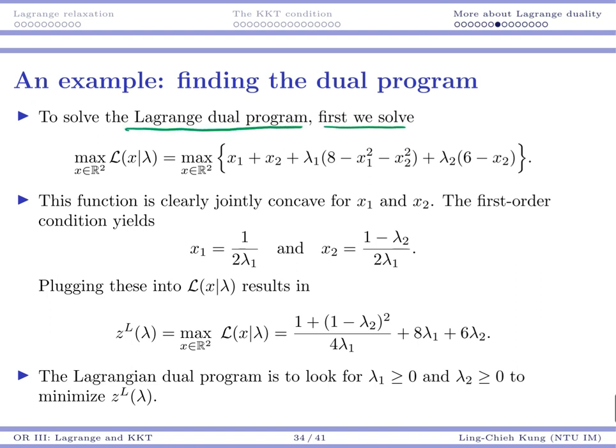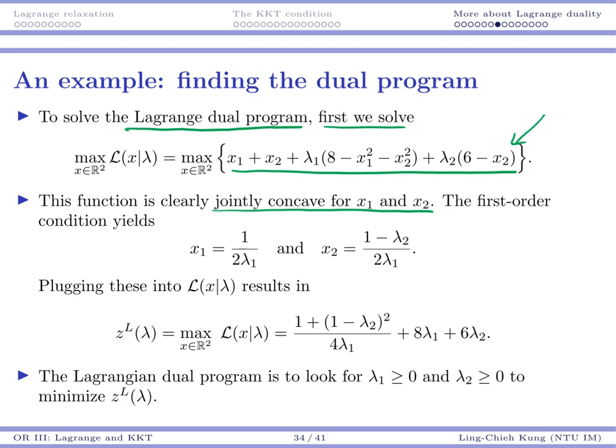Well, first, we are going to take a look at the gradient of your Lagrangian. So this can be done, and this is sufficient because this particular function is clearly jointly concave for x1 and x2. You may want to prove it by yourself, gradient, Hessian, whatever, but it is true.